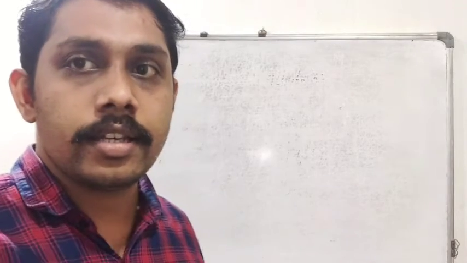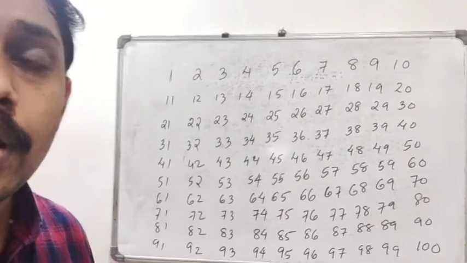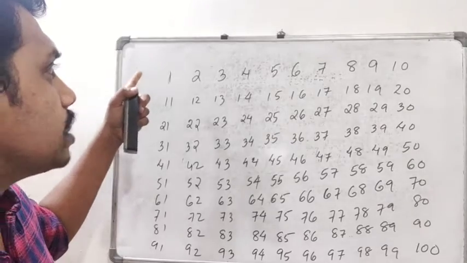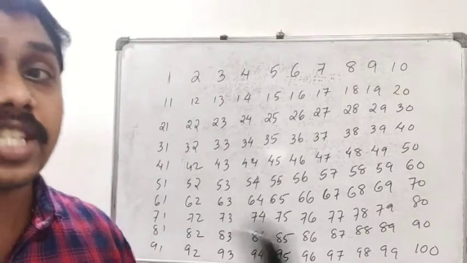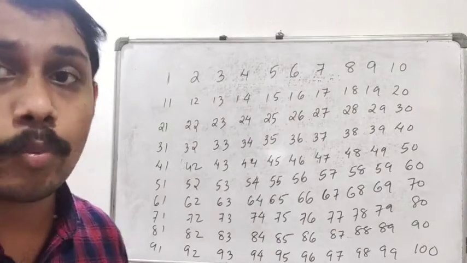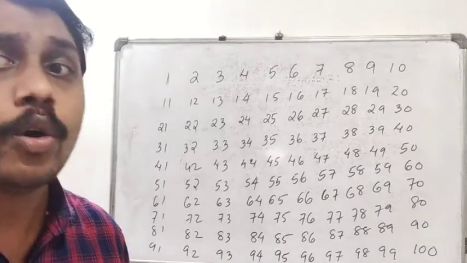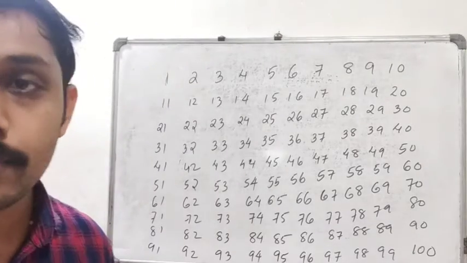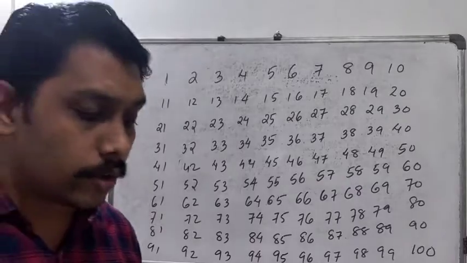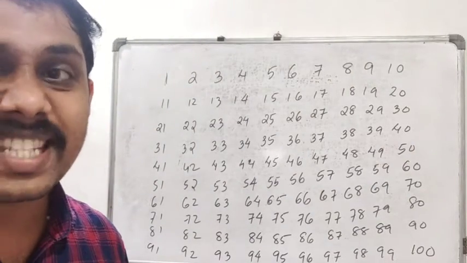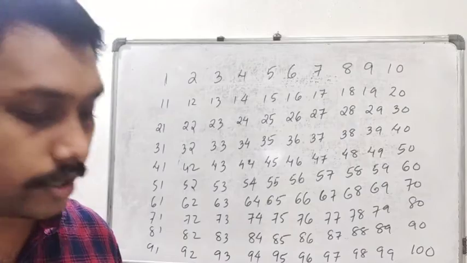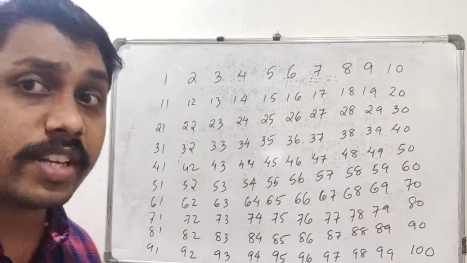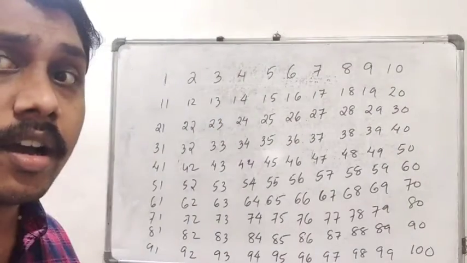Okay, students, here I write the numbers 1 to 100, showing which are prime numbers and which are composite numbers. You see, it is very easy to understand. For that, a great poet and mathematician called Eratosthenes discovered the grid. That is called the sieve of Eratosthenes. So I am going to discuss how to find the composite numbers and also how to find the prime numbers.